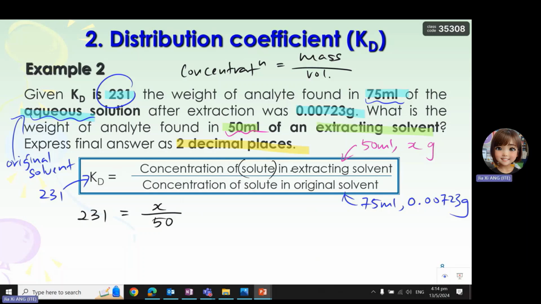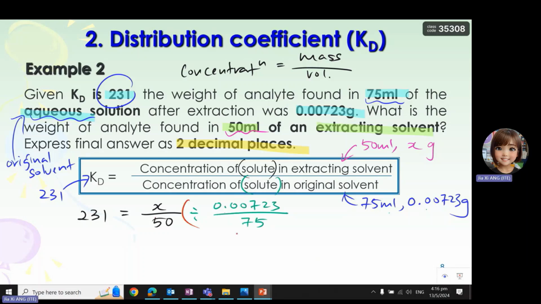Okay, for the first part. Now for the second part, you're supposed to divide by what? By the solute in original solvent. Now, same thing. They didn't give you molarity, but you have the weight and the volume. So you take the weight, divide by the volume, which is 75.